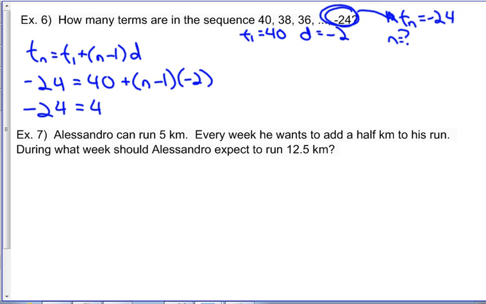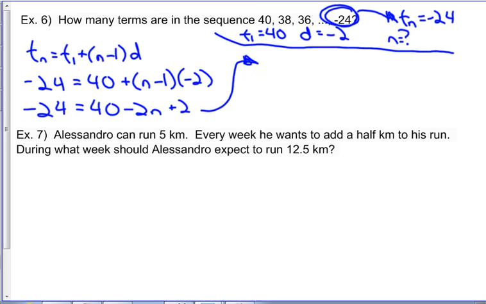Let's work that through. So that's minus 2n plus 2. Negative 24 equals 42 minus 2n. Okay, subtract 42 from both sides. We'll have negative 66 equals negative 2n.